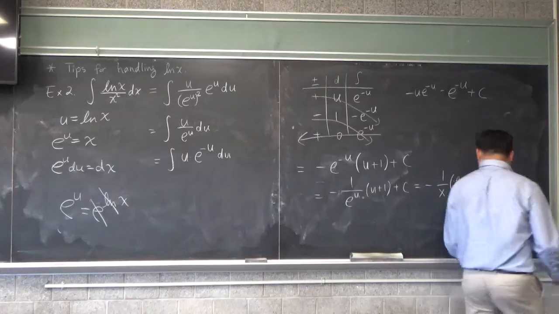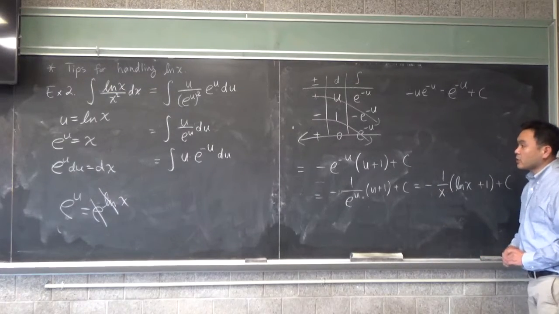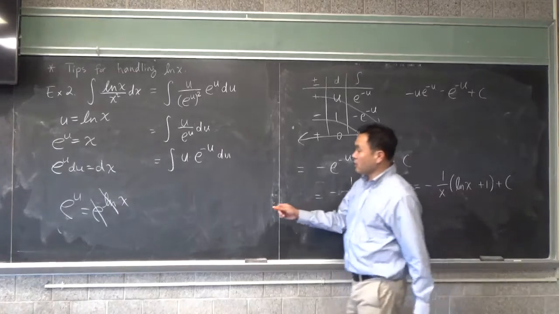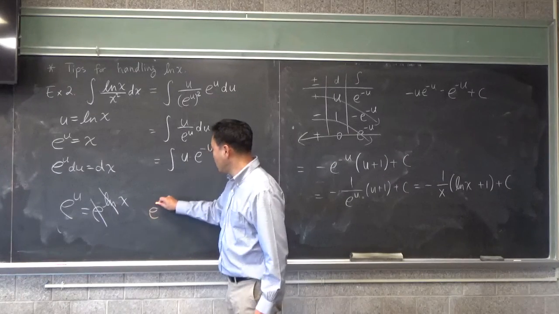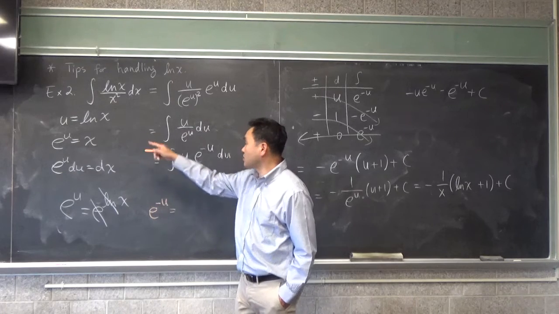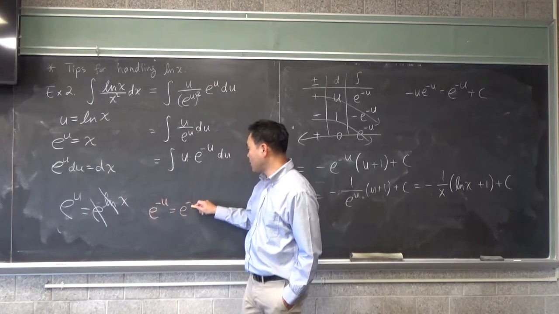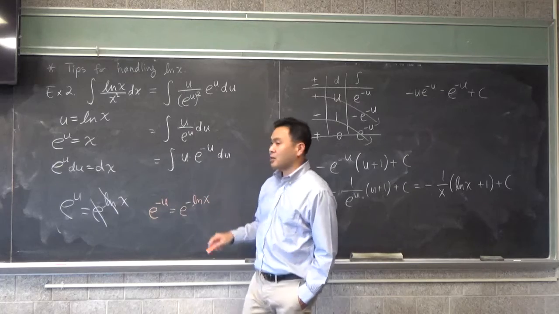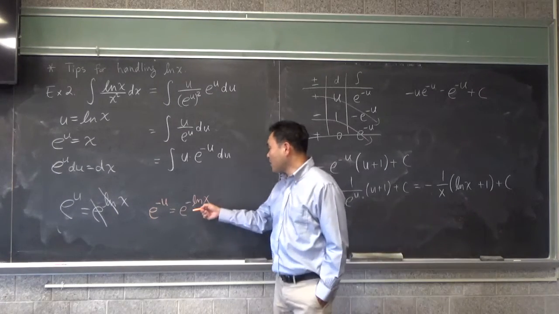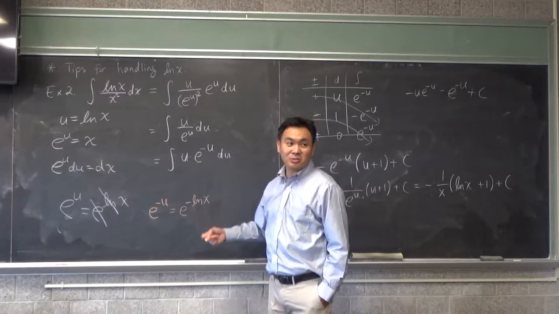Now, one more thing I want to explain is that when handling e to the negative u, you could try to say, well, u is ln of x, right? So isn't this just e to the negative ln of x? And again, this is not so encouraged because that's a lot more complex than just saying 1 over x.